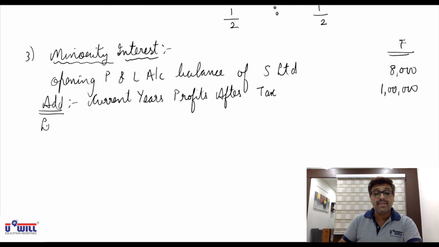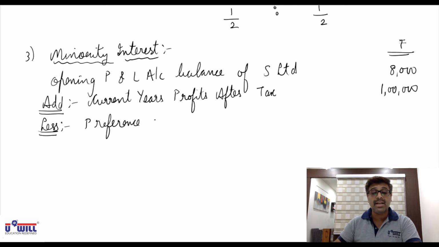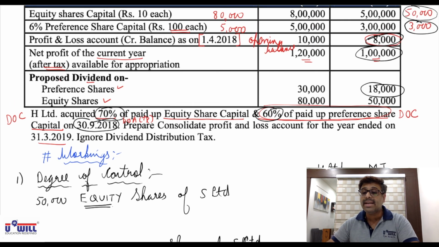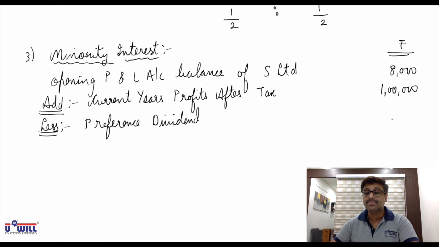Now from that we have to subtract preference as well as equity dividend, because we show them separately in the second part of P&L account. So preference dividend. Now what is preference dividend of subsidiary company? 18,000. That we will minus.